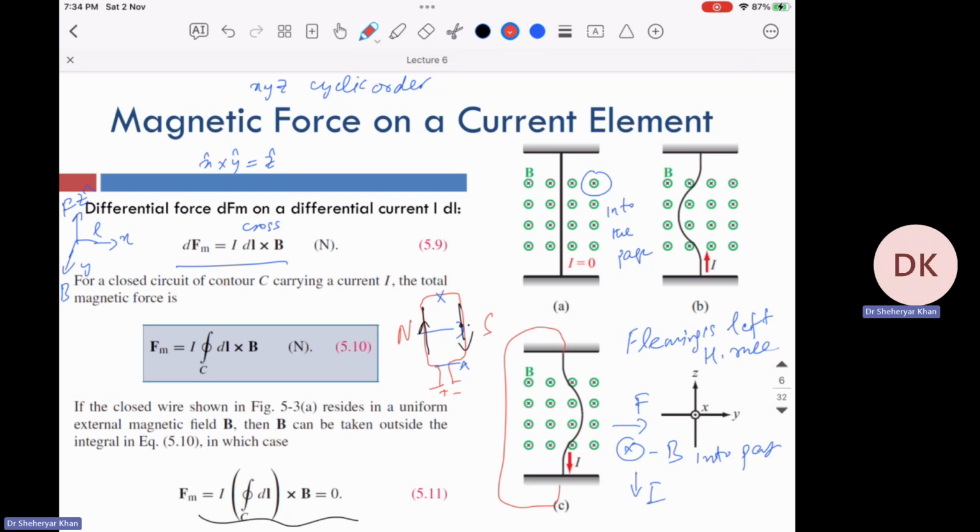If your current is going down and field is going up, the force F is along this direction. That's what we call the FBI rule. So if the current is down, the conductor will feel the force here. We can write the force as I L cross B, because it's a cross product.